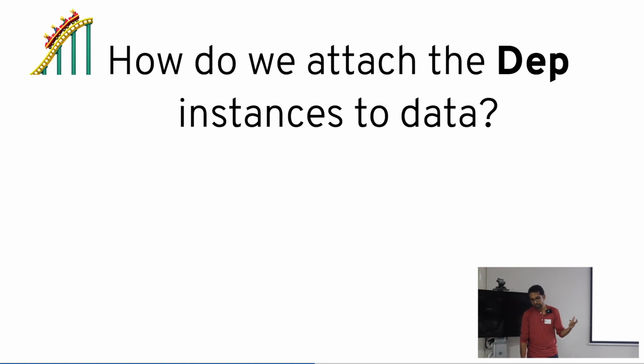So what we need to do is, again, I said that we need to create instances of our Dep class and then attach them to different properties. But how are we going to do that? Because you can't just attach things to variables. To demonstrate why we need to do that, we have two examples here.